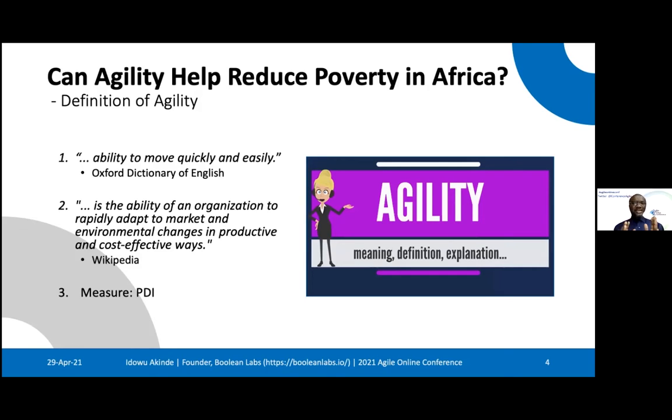And we'll use that as a working measure of agility. Because if you think about it, what does it mean to be agile in an organization or at a national level? It means the ability to be responsive to stimulus. Responsiveness to stimulus essentially implies an openness to receive ideas, especially if they are ideas that are not necessarily coming from the top cadre of the leadership, whether at the board, the organizational level or the national level.